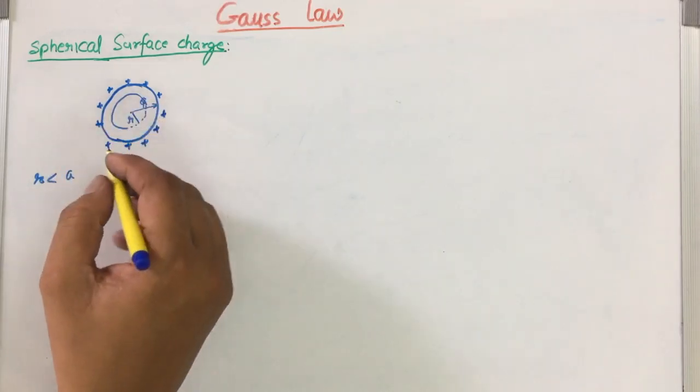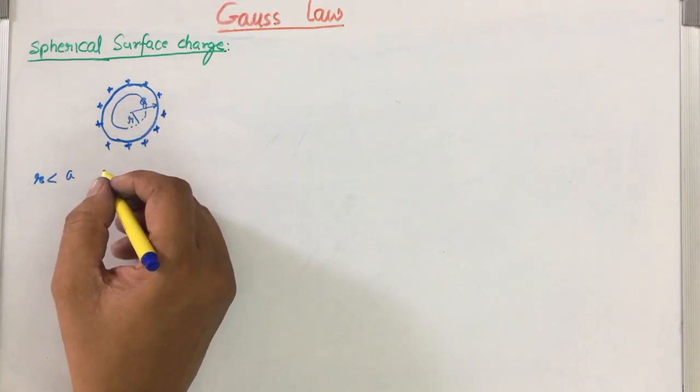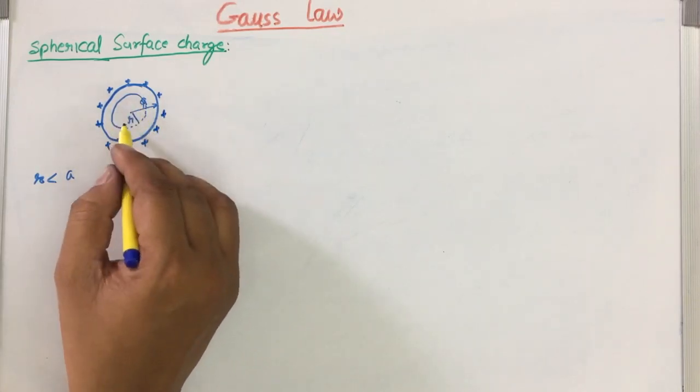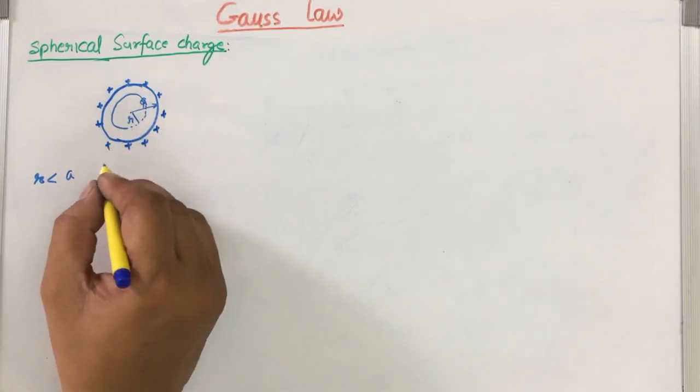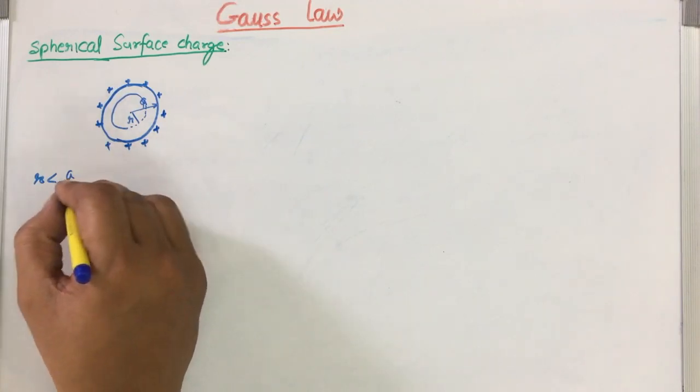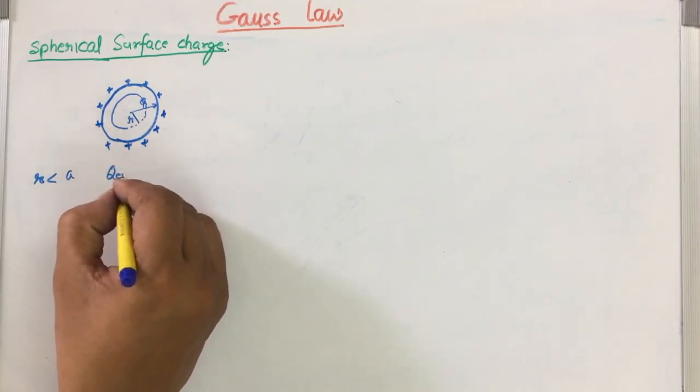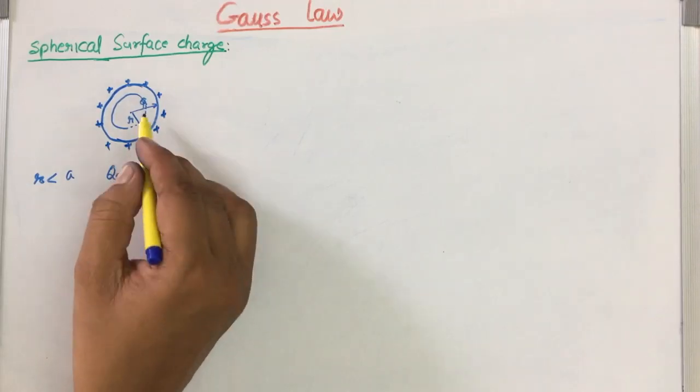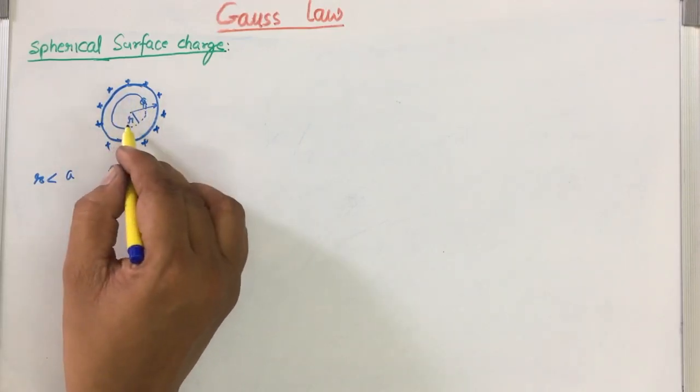In that case, to find the total flux enclosed by this surface, Q enclosed will be 0, as there is no charge enclosed by this surface.